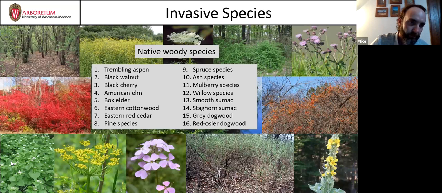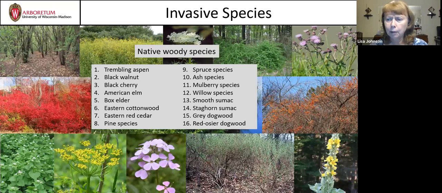This is garlic mustard here, yellow sweet clover. I've got buckthorn here, and burning bush here, euonymus. Yeah, was that the right slide? I think that's the one she wanted.